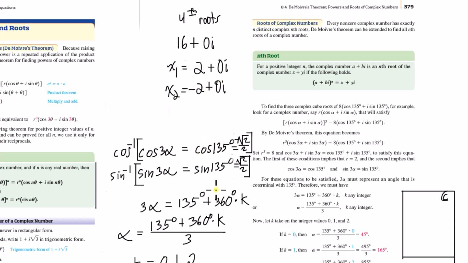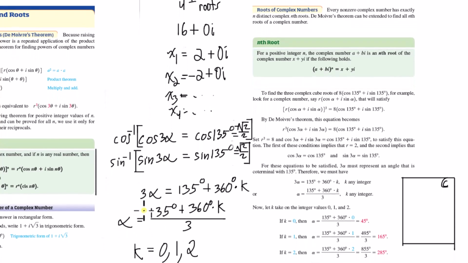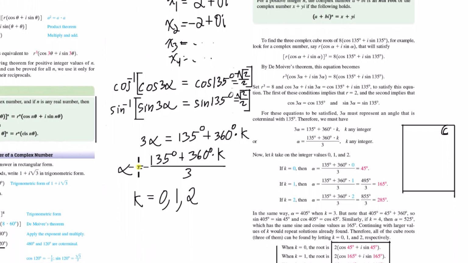And you would find that if you go through this process we just did, that's what you're going to find. But there's going to be 2 more that are obviously going to have imaginary parts. But still, when you raise them to the 4th power using de Moivre's theorem, you're going to get just 16 plus 0i. That's the idea.